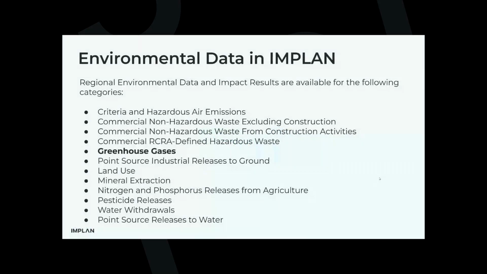So I'll go back to our categories. You'll see emissions from all of these categories. So like I said, the greenhouse gases will be in those kilograms. Most of these are in kilograms of output for these various indicators. So land use is one of them, like we just talked about. And then you also have these criteria and hazardous air emissions.